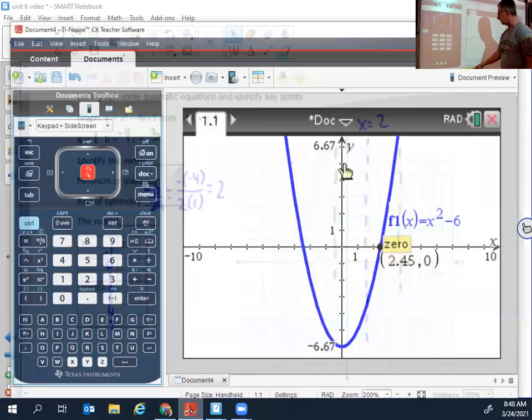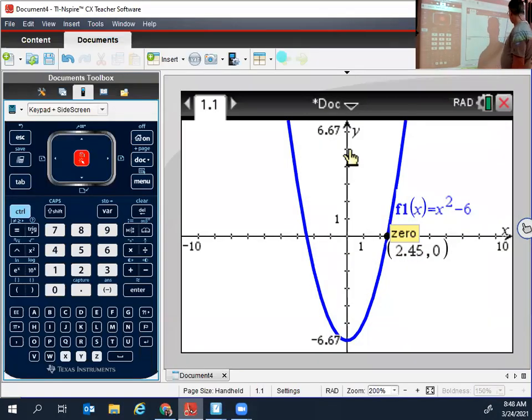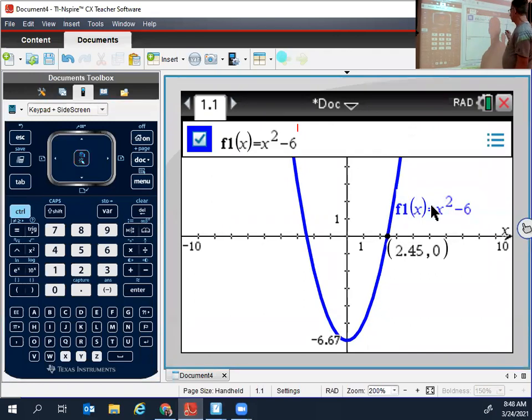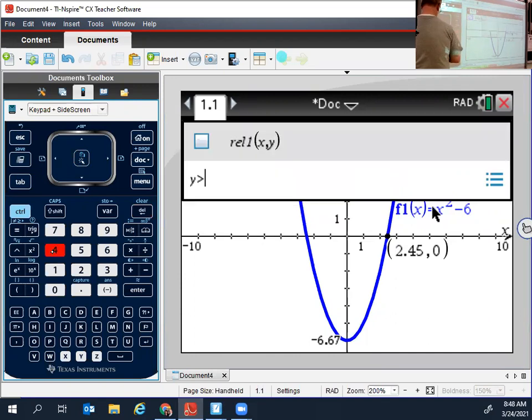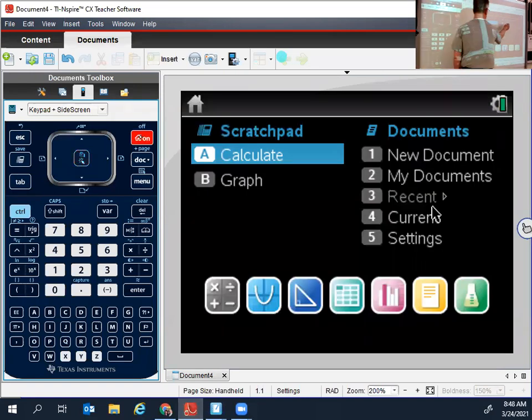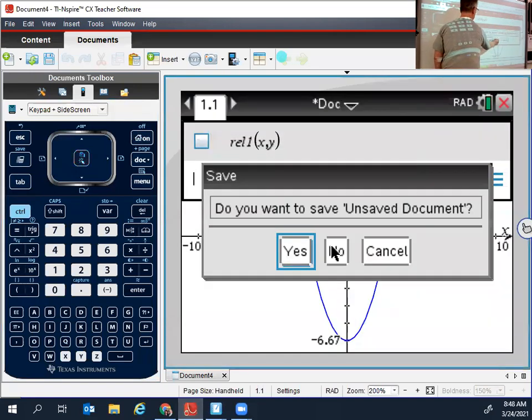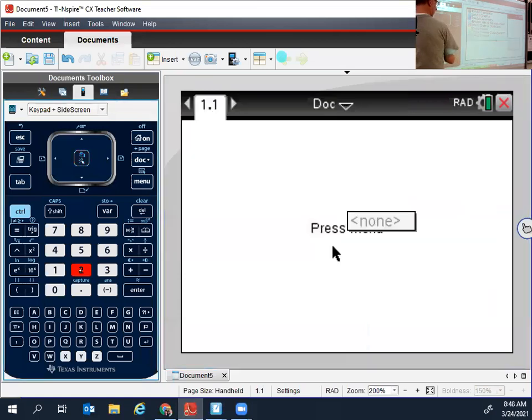So let's pull up the calculator, and I'm going to double click on that one and just change it. Minus 4x. Whoa. Oh boy, the calculator's not being nice this morning. Especially annoying when you're trying to record. Seriously.